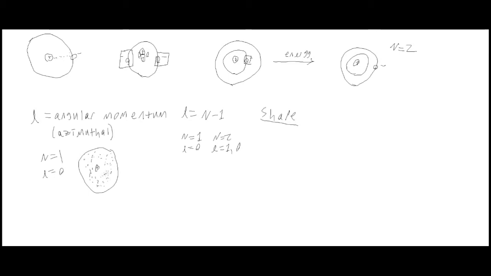And for all intents and purposes, where the electron can occupy actually kind of goes off to infinity, but for practical purposes, we think about it as occupying this sphere around the nucleus.